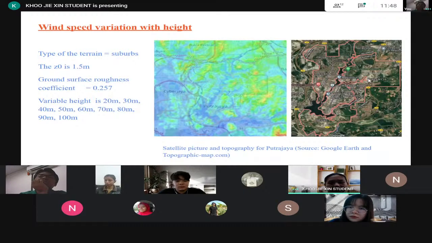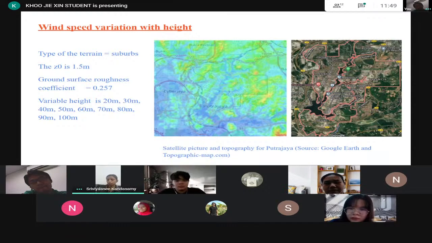The wind speed variation. As we know, the higher the elevation, the higher the wind speed becomes.